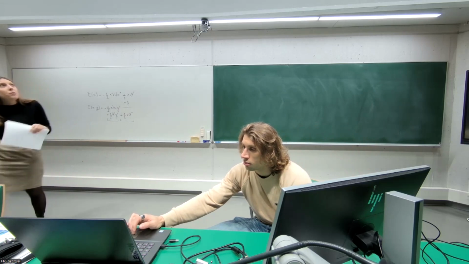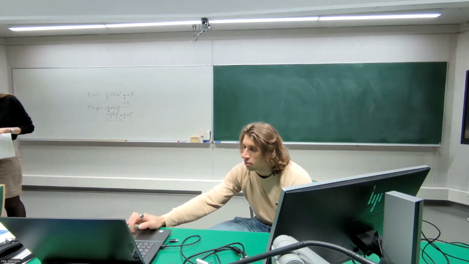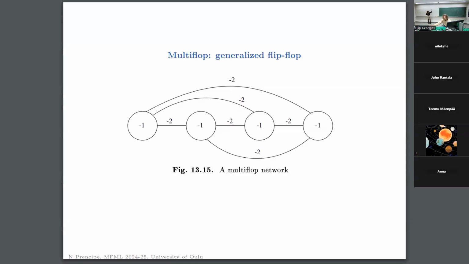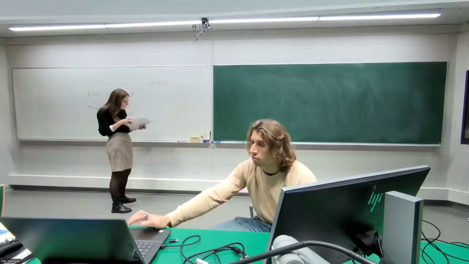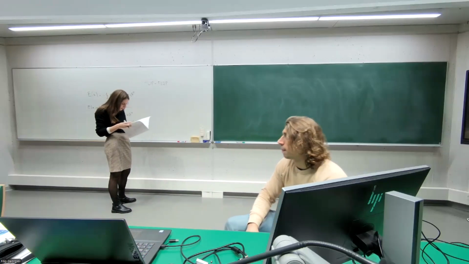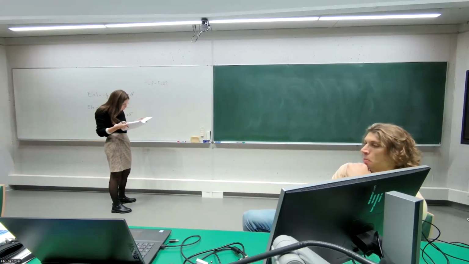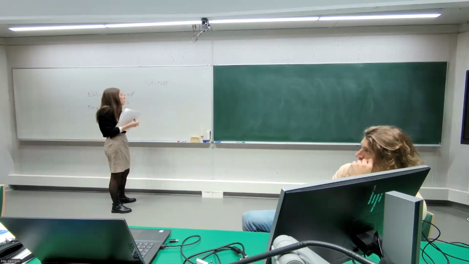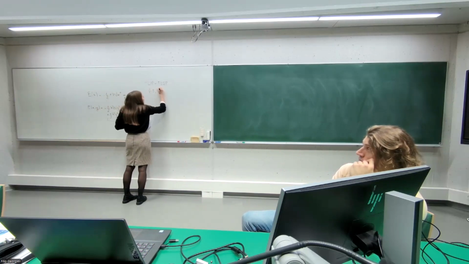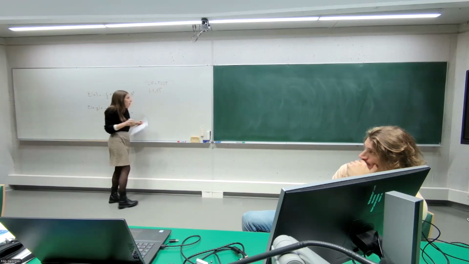I gave you an example of a Hopfield network at some point that was called the flip-flop. I made it as a Hopfield network with values -1 and 1 to the power of 2.